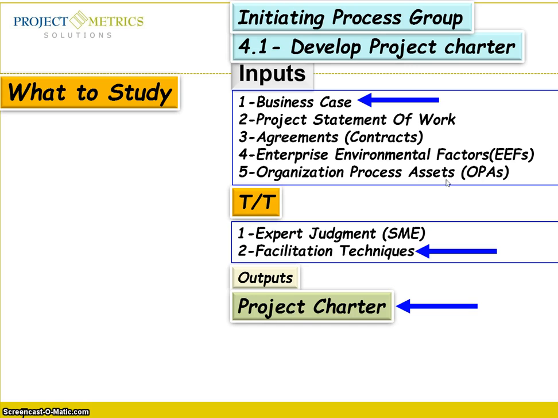The tools and techniques here: we are going to use expert judgment to give you input in terms of knowledge, and then facilitation techniques, which you are going to exercise in your meetings, and the output is the project charter.